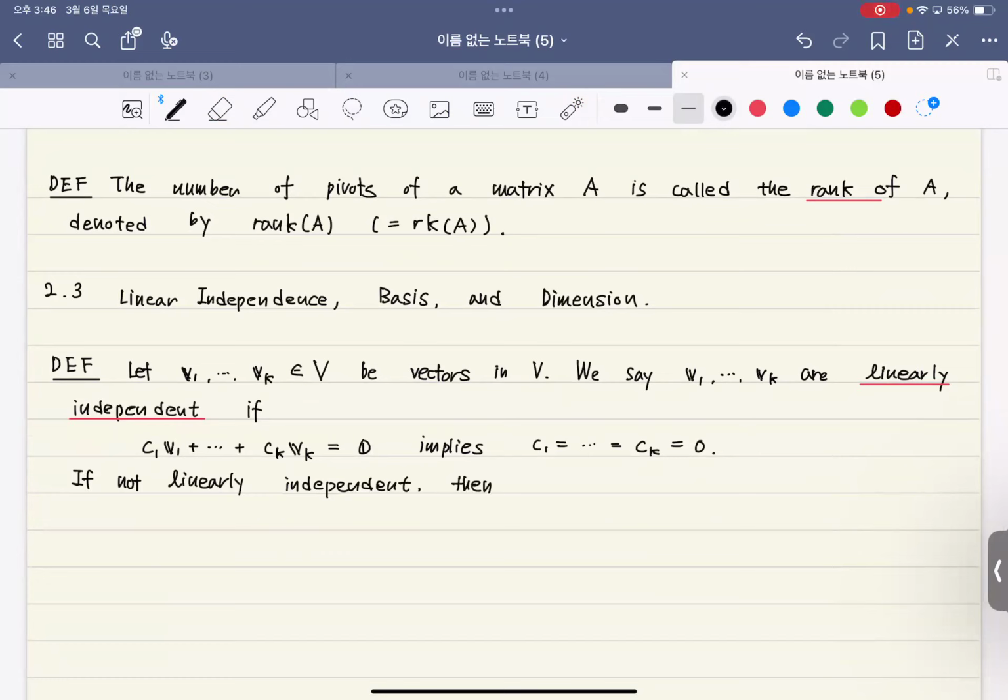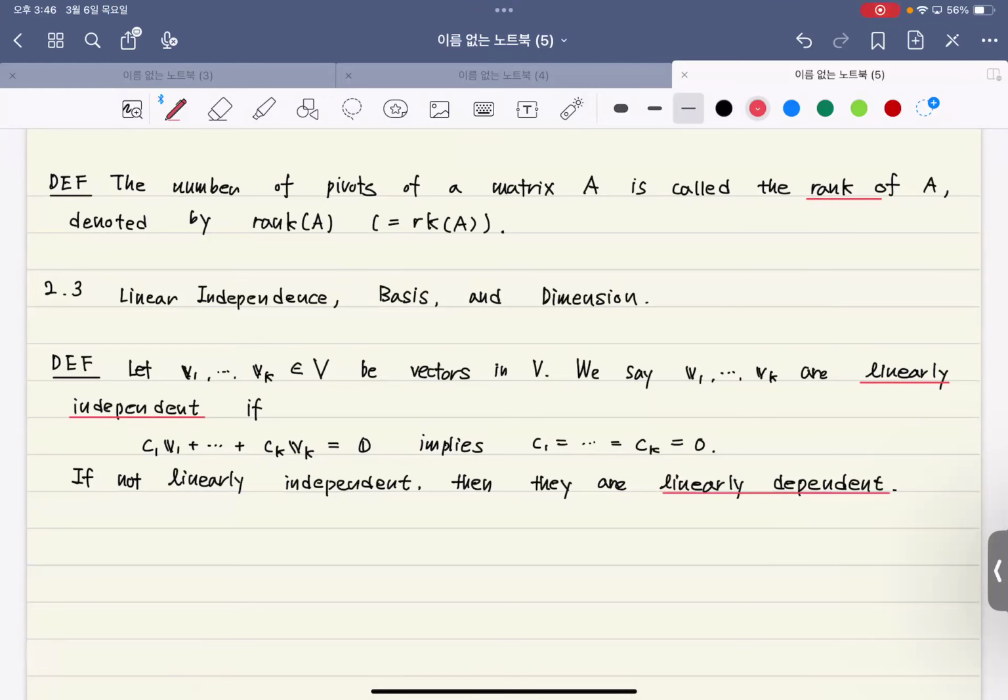Then we say they are linearly dependent. Very obvious naming.